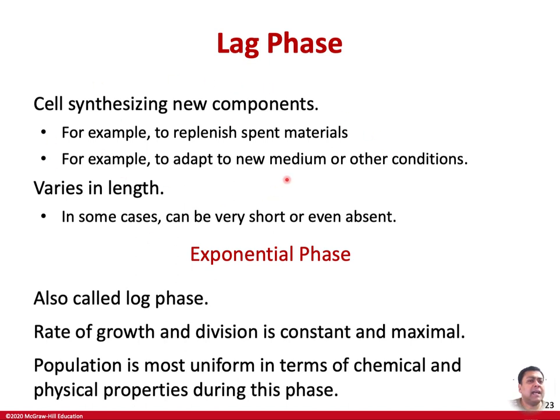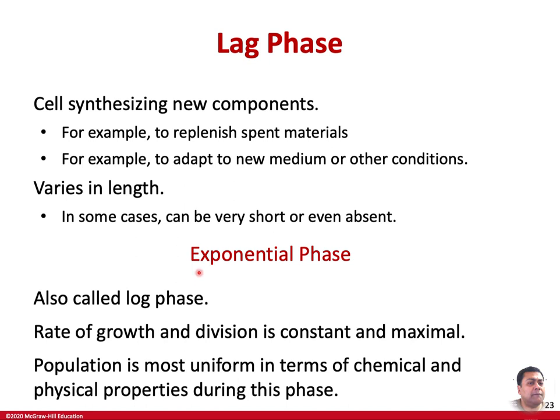The cells synthesize new components, for example, replenish spent material, adapt to a new media, or other conditions. The length varies, and in some cases can be very short or even absent. On the other hand, the exponential phase, also called the log phase, is so called because the rate of growth is constant and maximal, and the population is most uniform in terms of chemical and physical properties during this phase.